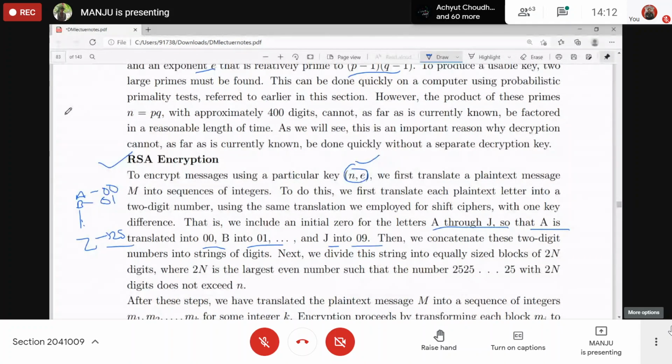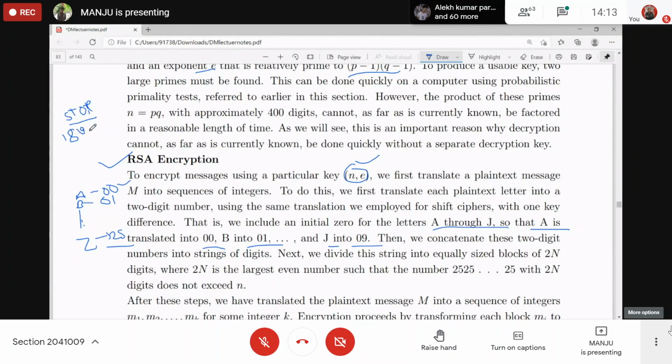For example, you have the message stop. First you translate these alphabets into integer format. S is at position 18, T is 19, since we are starting at 00.